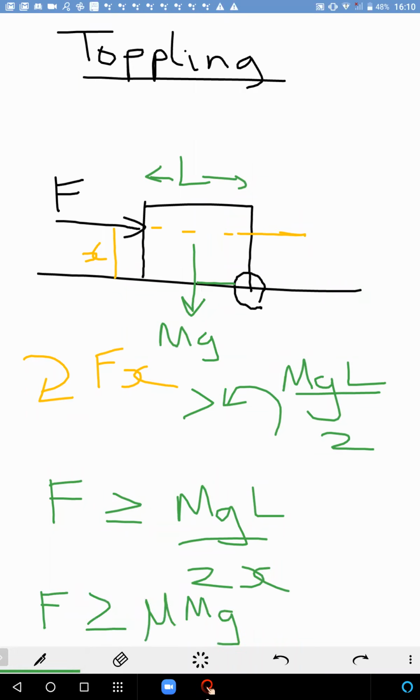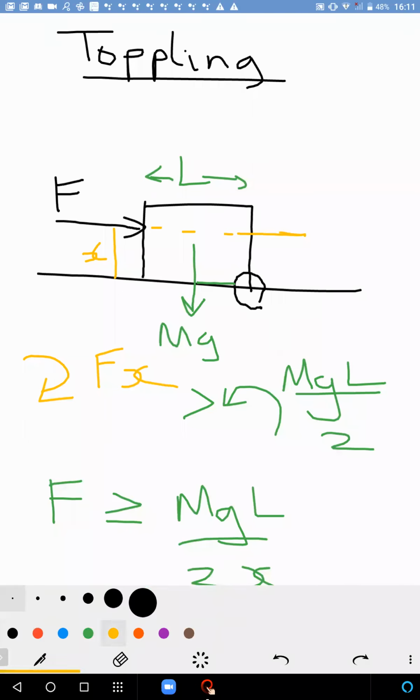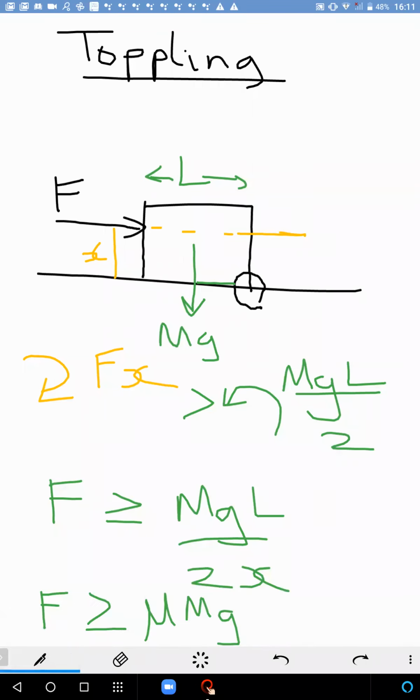So then you can compare mu ज़्यादा है या L by 2x ज़्यादा है. In fact मुझे बताओ कि अगर mu ज़्यादा है L by 2x से, तो is it going to topple first or is it going to slip first?